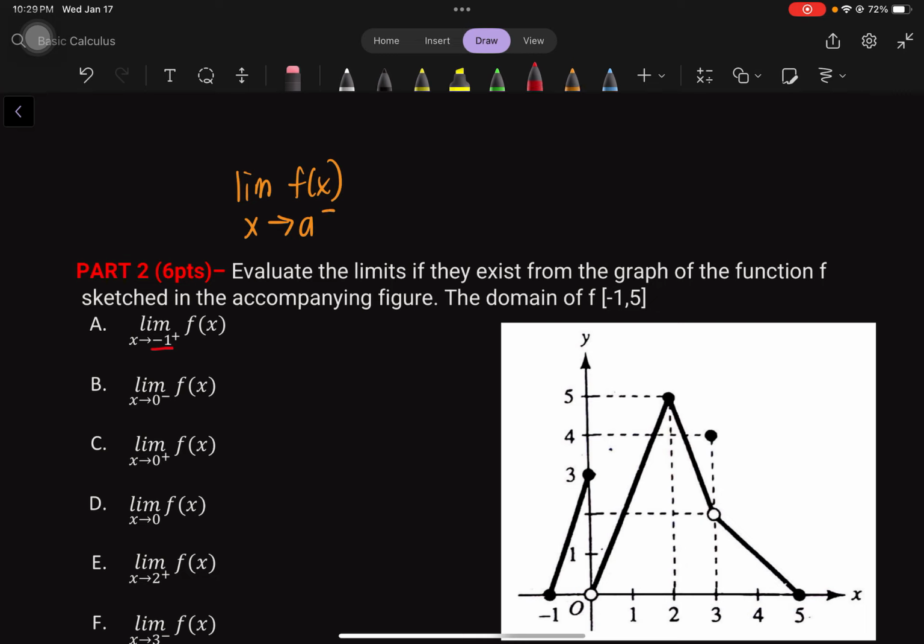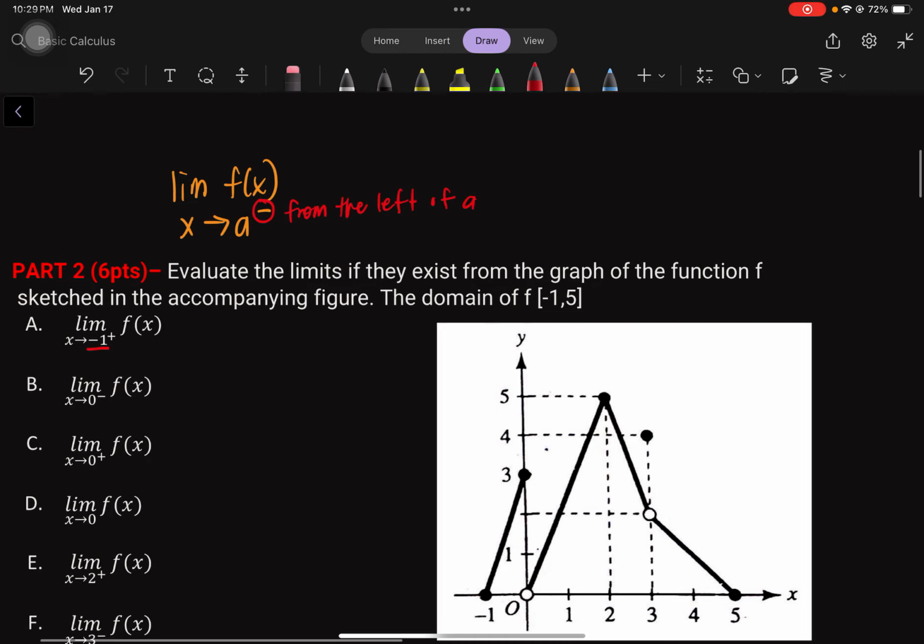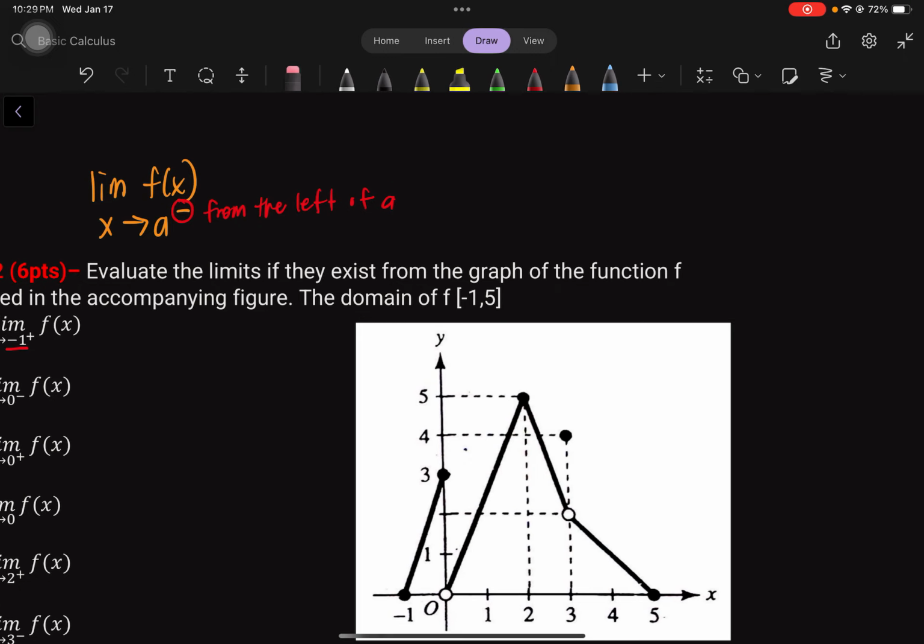Pag may negative po na nakalagay, ibig sabihin yan is from the left of a. Pag naging limit of f of x as x approaches a positive naman, it denotes na from the right ng a.